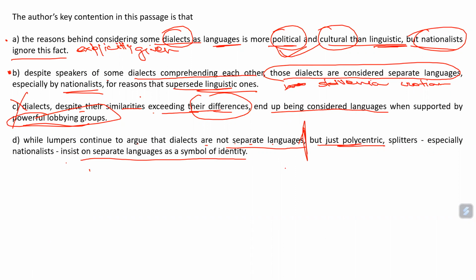It's true, till here it's true. Along with that, they have told that splitters, especially nationalists, insist on separate language as a symbol of identity. So when we are comparing the splitters, we are trying to consider splitters as a whole, right? But we know that all splitters don't insist on separate languages just for the sake of identity.